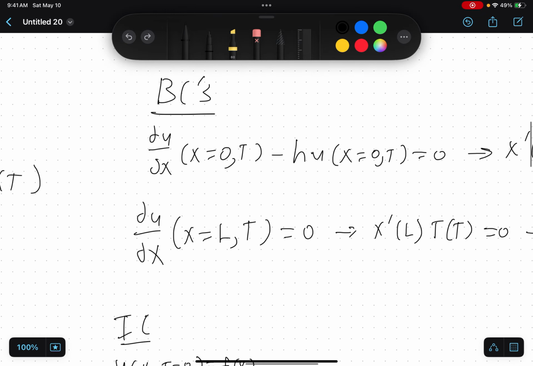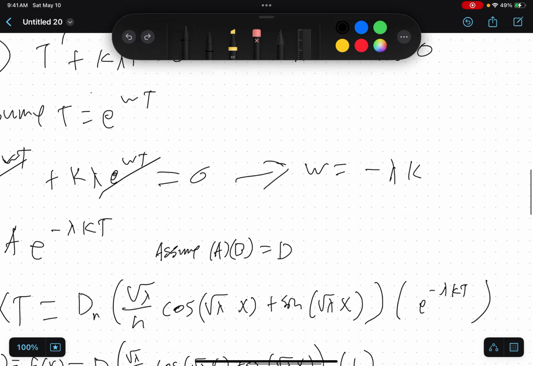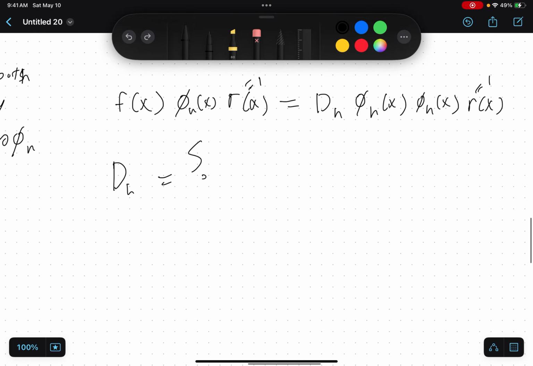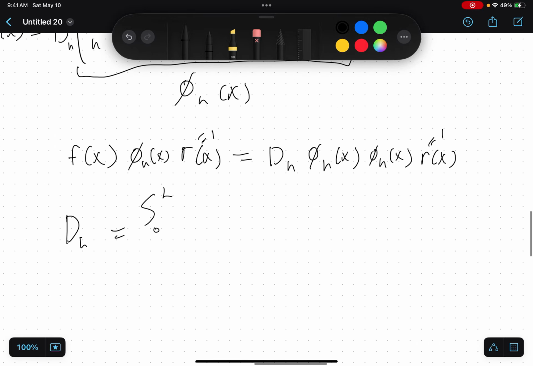And x goes from 0 to L of f of x times root lambda over h cos.